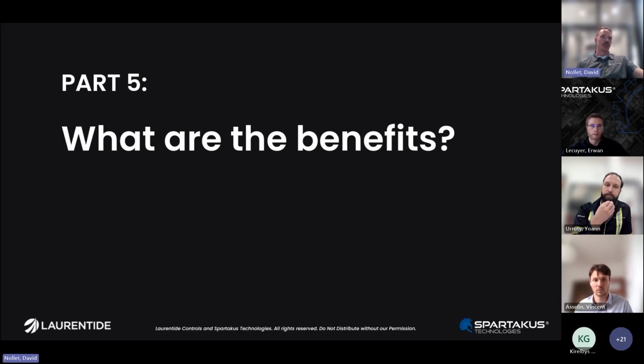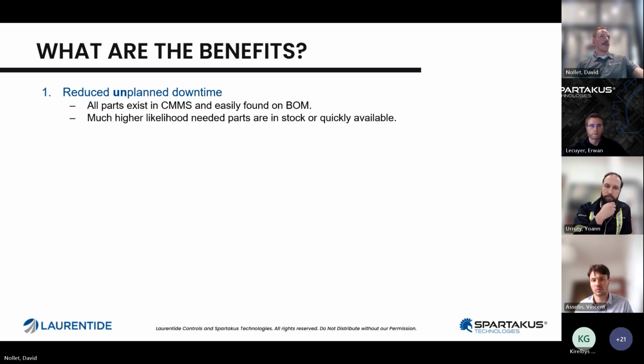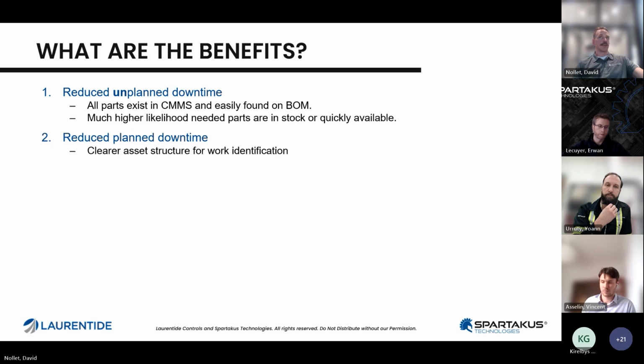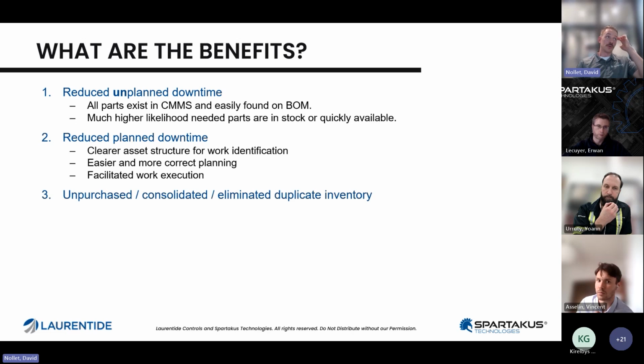But if I want to look a little bit more concretely, I'm going to have reduced unplanned downtime. I'm going to have reduced planned downtime as well. Everything is easier to work from. There's going to be fewer mistakes. Work execution is easier.